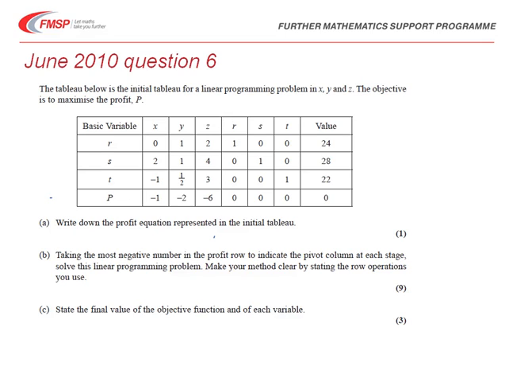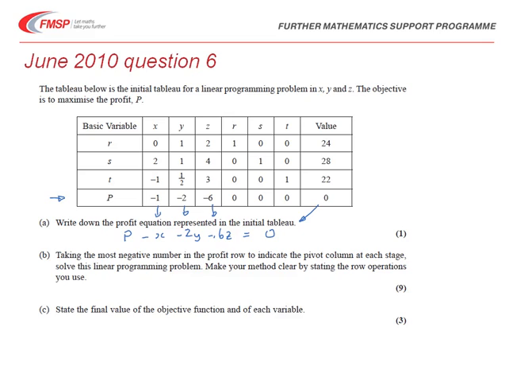So remember that the profit equation is in here. And so what we need to write down is that P minus X minus 2Y minus 6Z is equal to 0, reading off the coefficients of X, Y and Z from the tableau, and the value at the end.